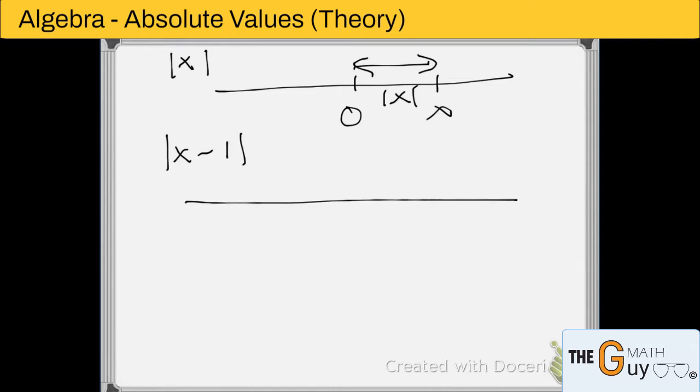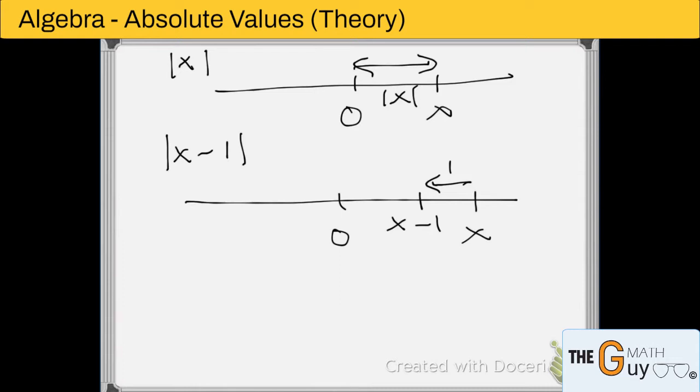on the same number line where you have 0 here, and let's say x is here, where would x minus 1 be? x minus 1 would be one step lesser than x. So we go one step down to reach x minus 1. And what is the absolute value of x minus 1?